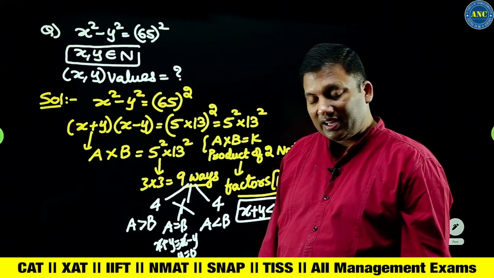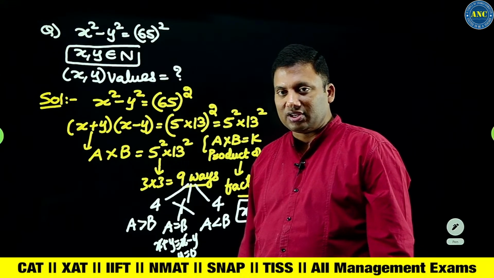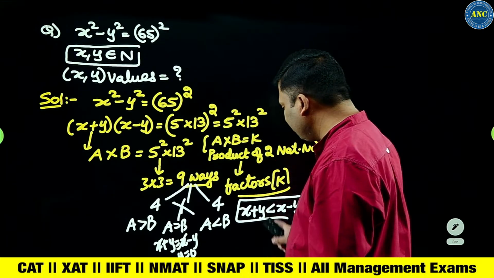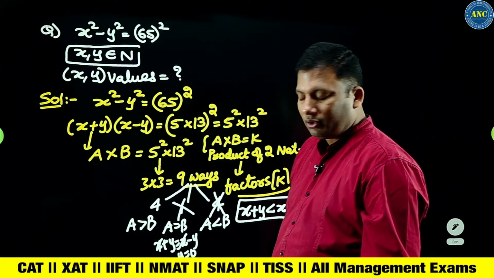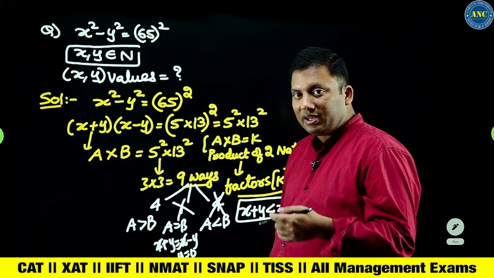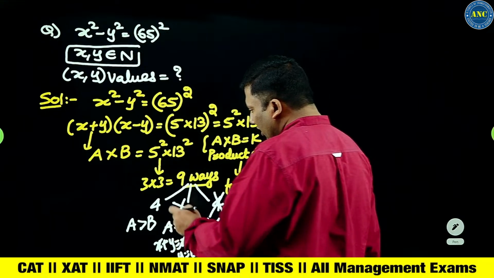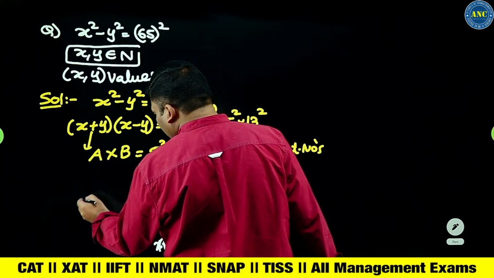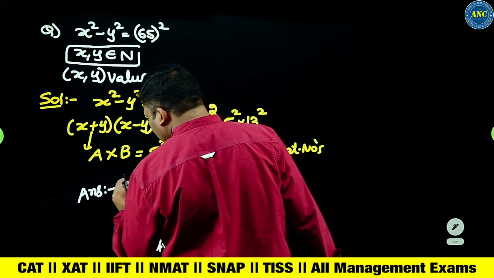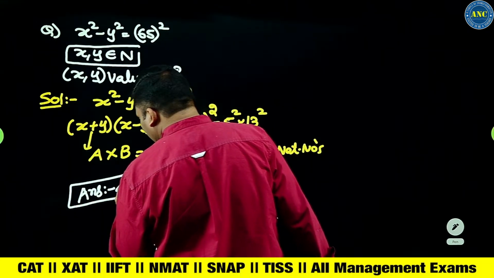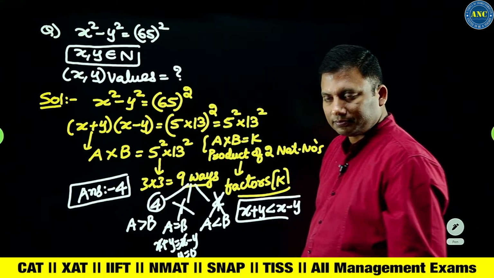It is always greater than 7 minus 4, 3. 11 is greater than 3. That means this is illogical. Sum of two natural numbers, how can it be less than their difference? So the answer for this question is 4. There are 4 integral solutions for x and y that will satisfy this equation.